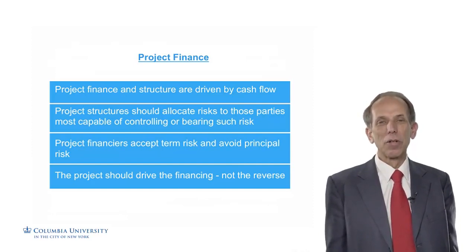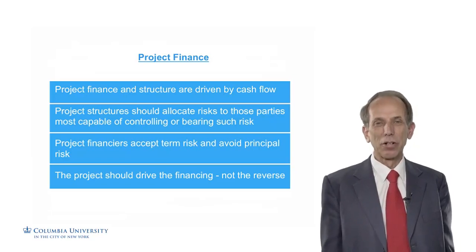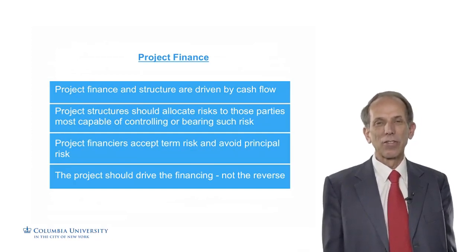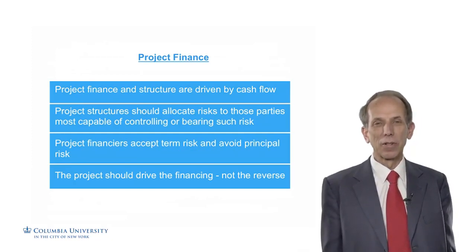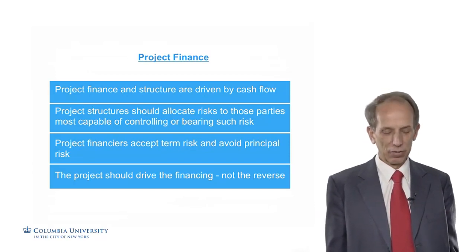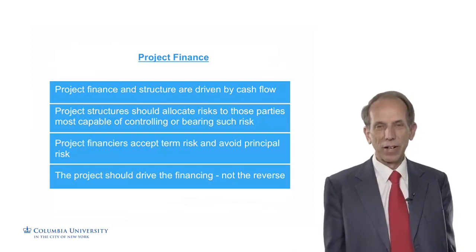We're going to pass the risks out to contract parties, and they should go to those parties that are best able to control or manage those risks. Project financiers accept term risk and try and avoid principal risk. Project financiers have to be willing to accept the fact that they might be paid early or late, and this should not be a problem. And finally, the project should drive the financing, not the reverse.